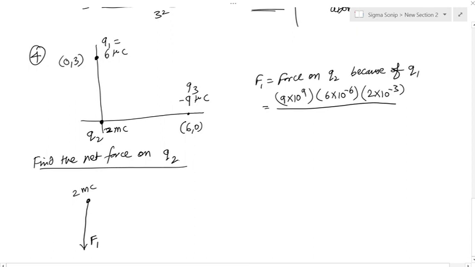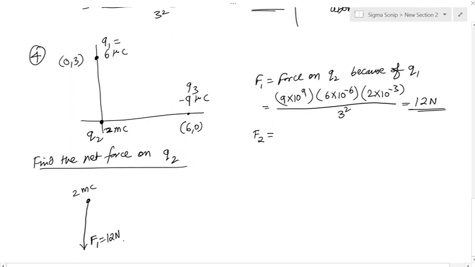Let me write it properly. That's 3 square, and that will give a value of 12 Newton. So this force F1 is equal to 12 Newton. Likewise, we can find F2. Now we can call it F2 or F3, it doesn't matter.